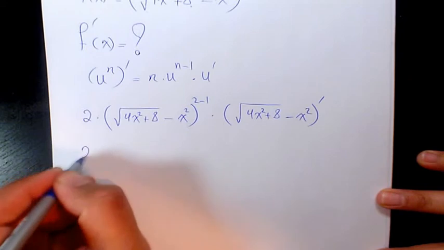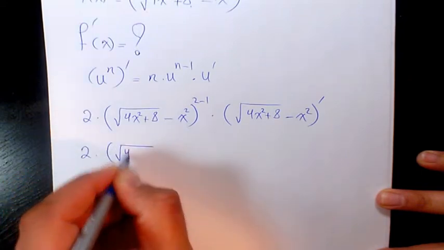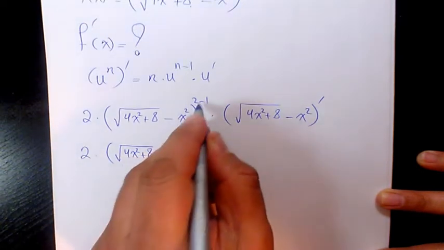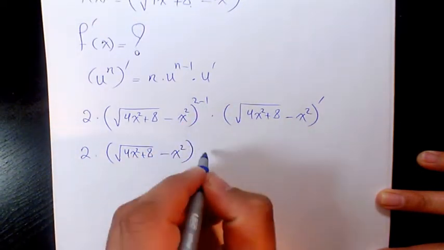So that's going to be 2 times the square root of 4x squared plus 8 minus x squared. 2 minus 1, it's going to be 1.